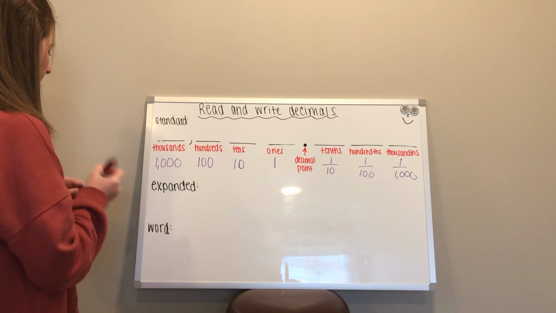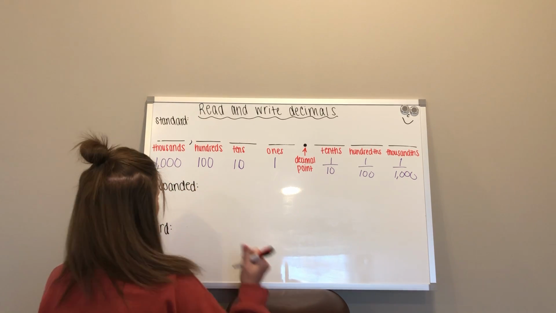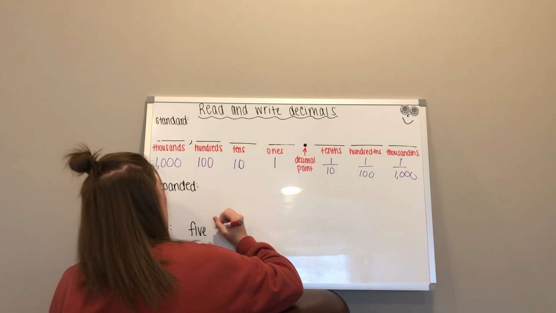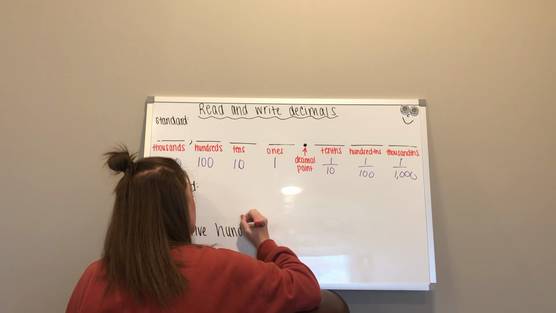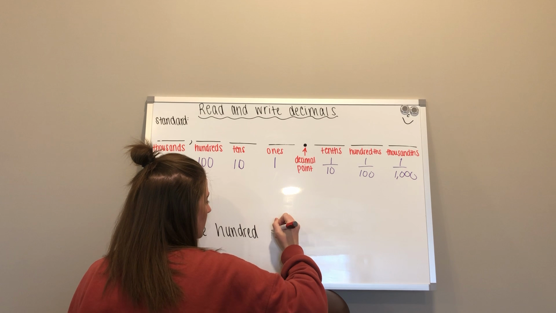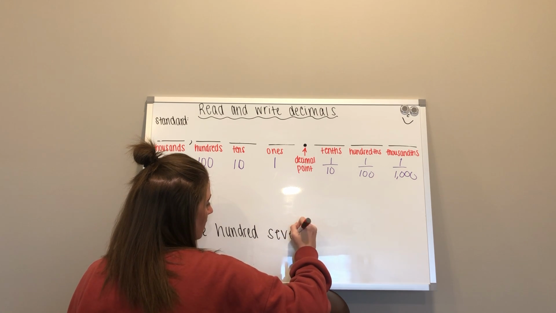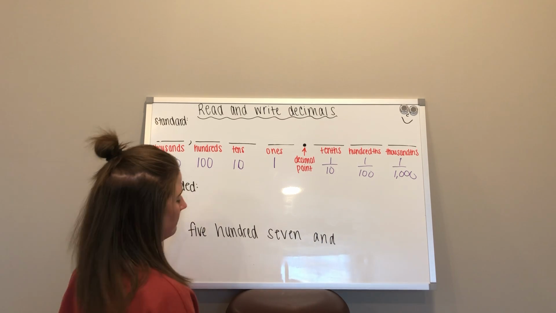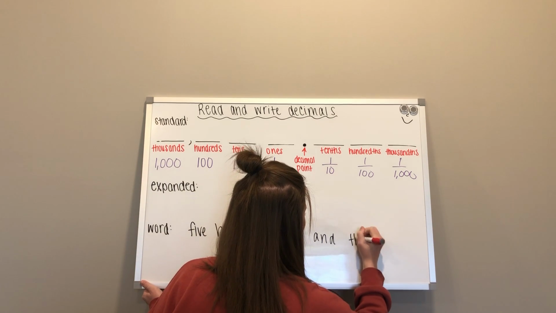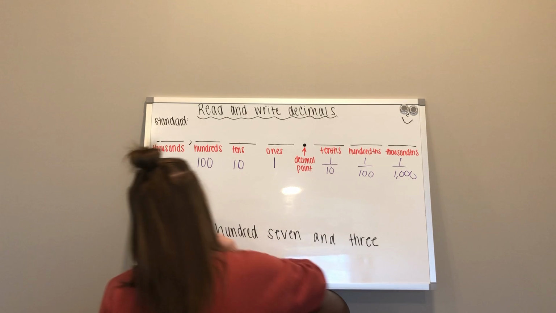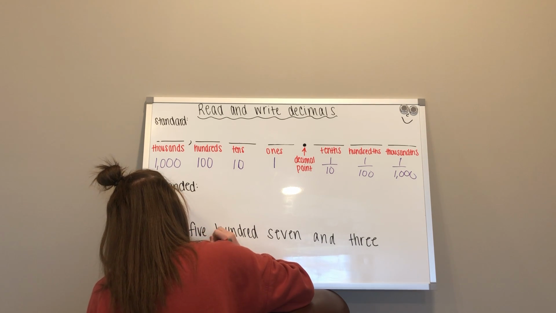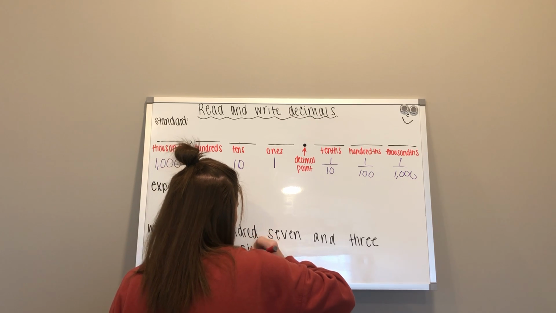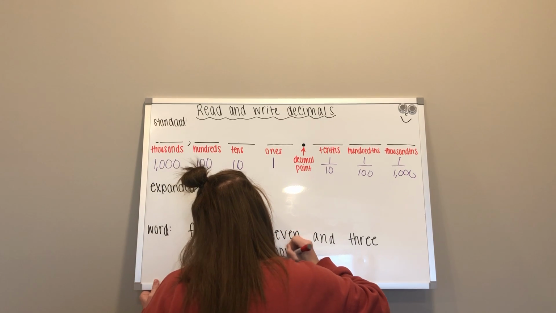So let's see, let's do 500, 7, and 306 thousandths.